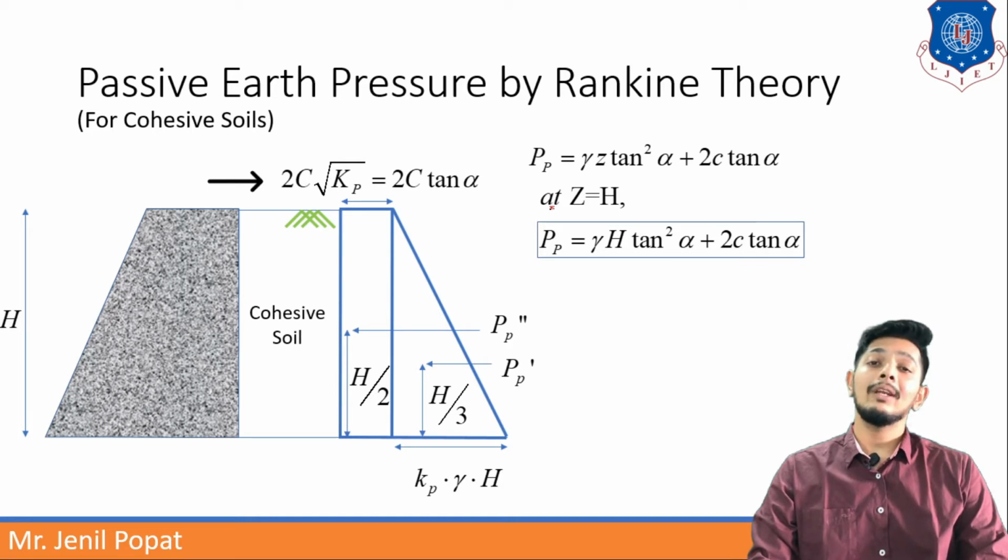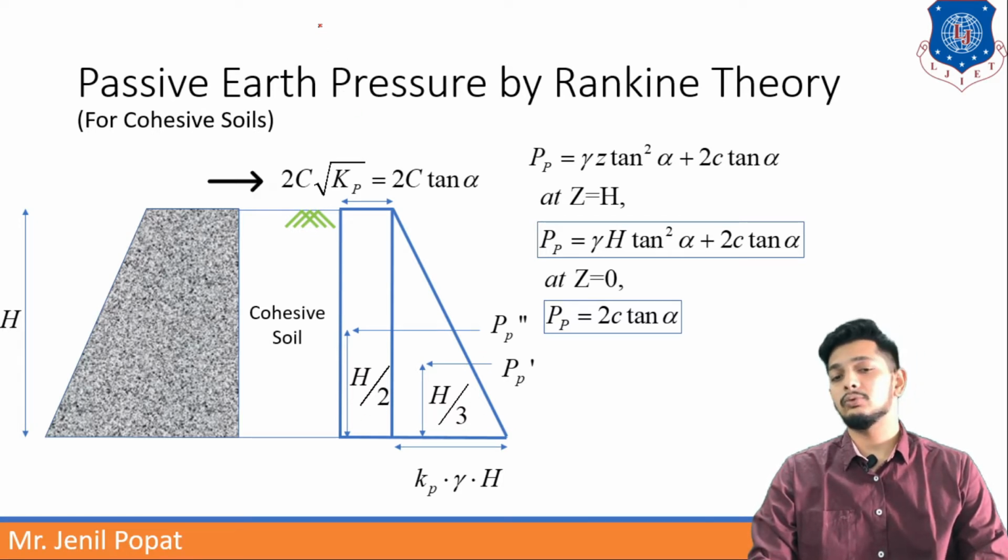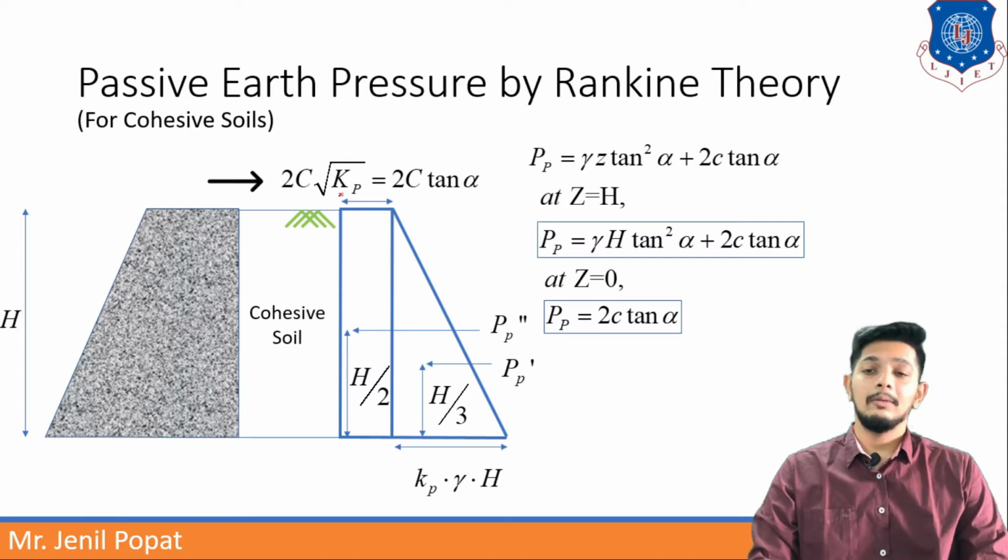And if I want to find out pressure at top, at z is equal to 0, Pp will be 2c tan alpha. So here it will be 2c tan alpha, and here it will be gamma H tan square alpha plus 2c tan alpha. Here 2c tan alpha can be written as 2c into under root Kp. So this is the basic understanding of passive earth pressure.